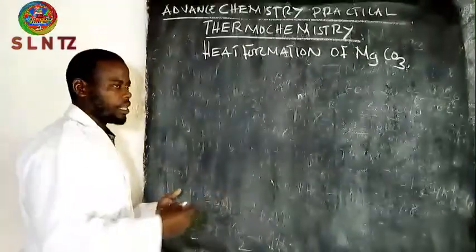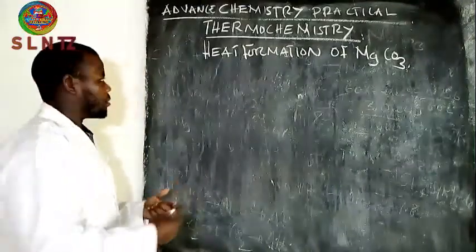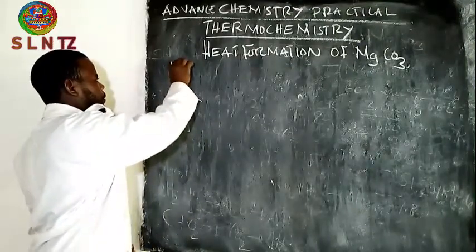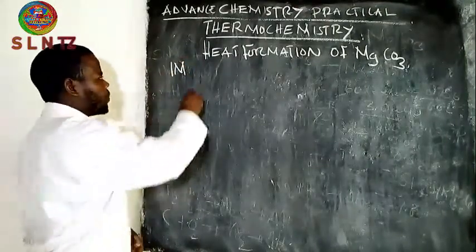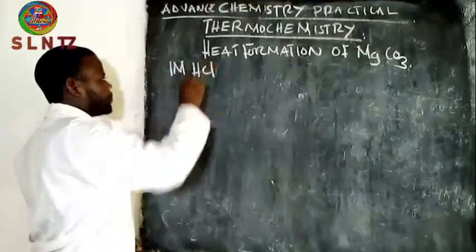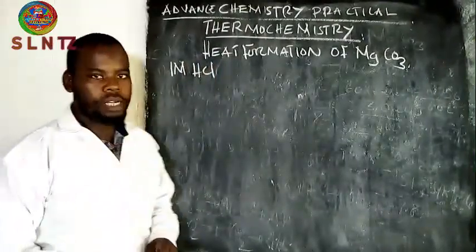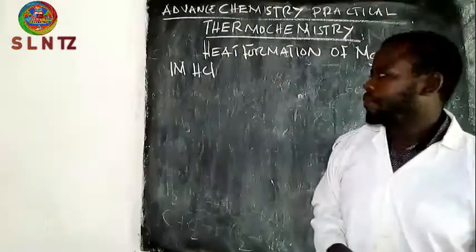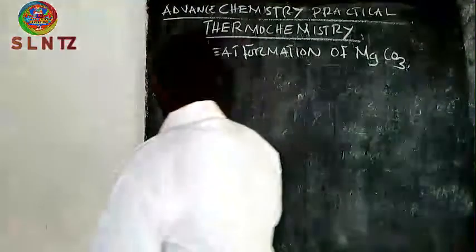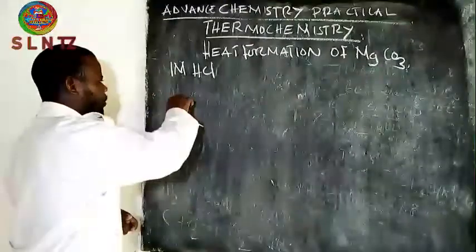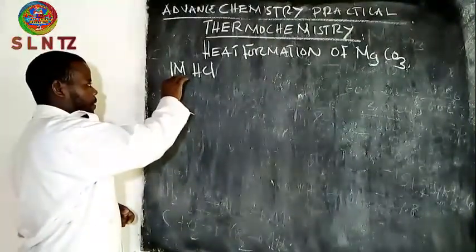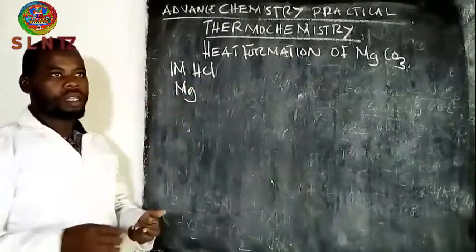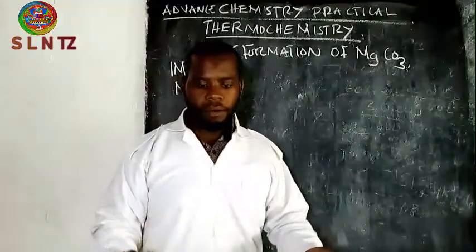We have the following materials, solutions and chemicals. Number one, we have 1 molar hydrochloric acid. Number two, we have magnesium metal, or magnesium ribbon.